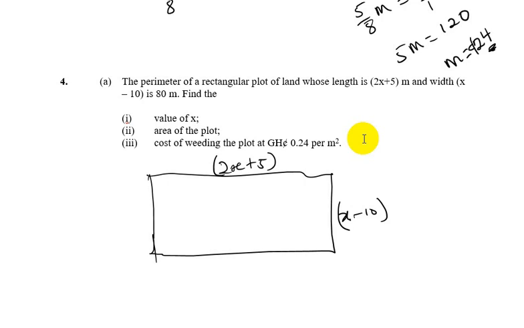Now, how do we find the perimeter? We add all the sides, right? The perimeter is given to be 80, so it means here is 2x plus 5, and here is also x minus 10. We have to find the value of x, but we can use the perimeter. We add all the sides and equate it to 80.